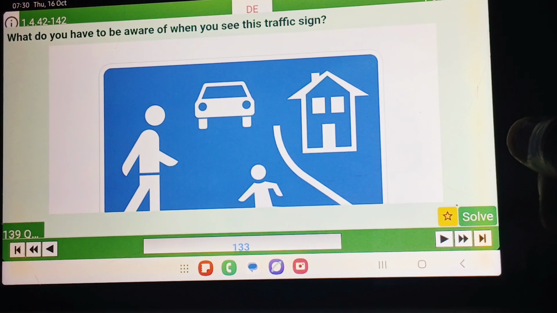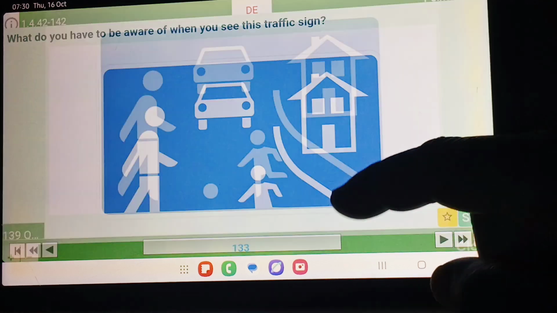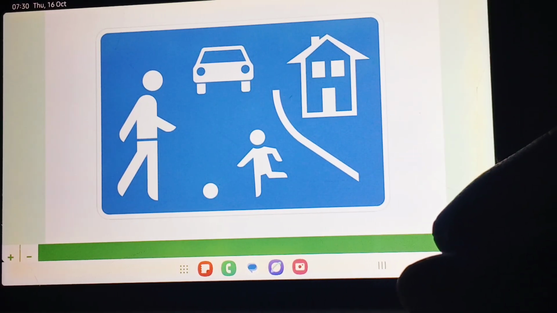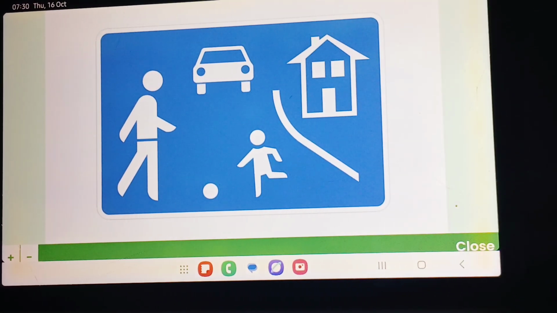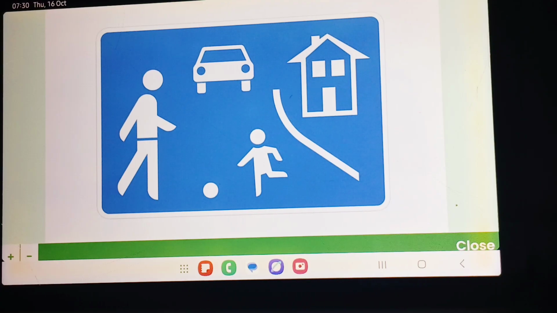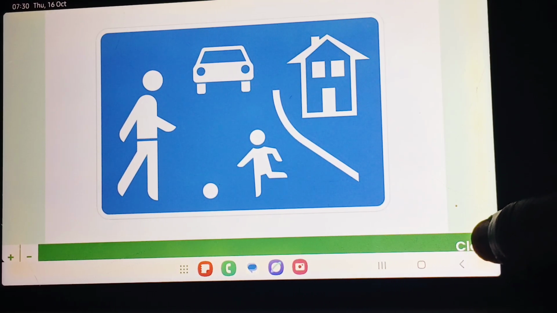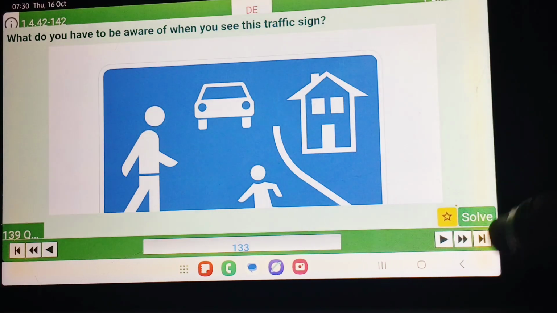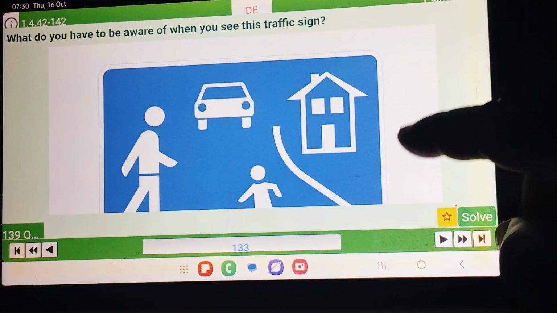What do you have to be aware of when you see this traffic sign? Like I told you, this is a traffic calming zone. In this area, you are not allowed to drive more than 7 kilometers. The maximum you can drive is 7 kilometers, okay? Because it's a traffic calming zone. You have to drive at a very low speed.